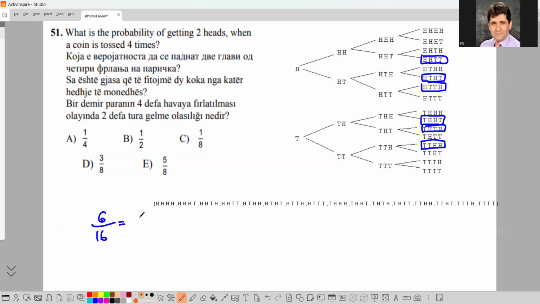Divide by 2, so you get 3 over 8. Simplify both by 2, you get 3 over 8. So the final answer is just 3 over 8.